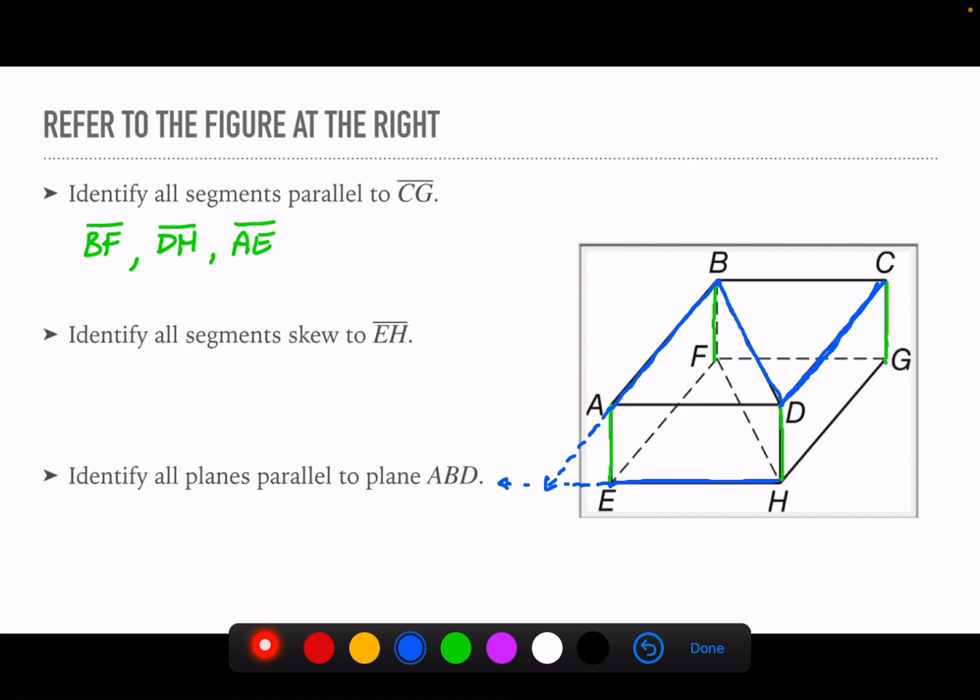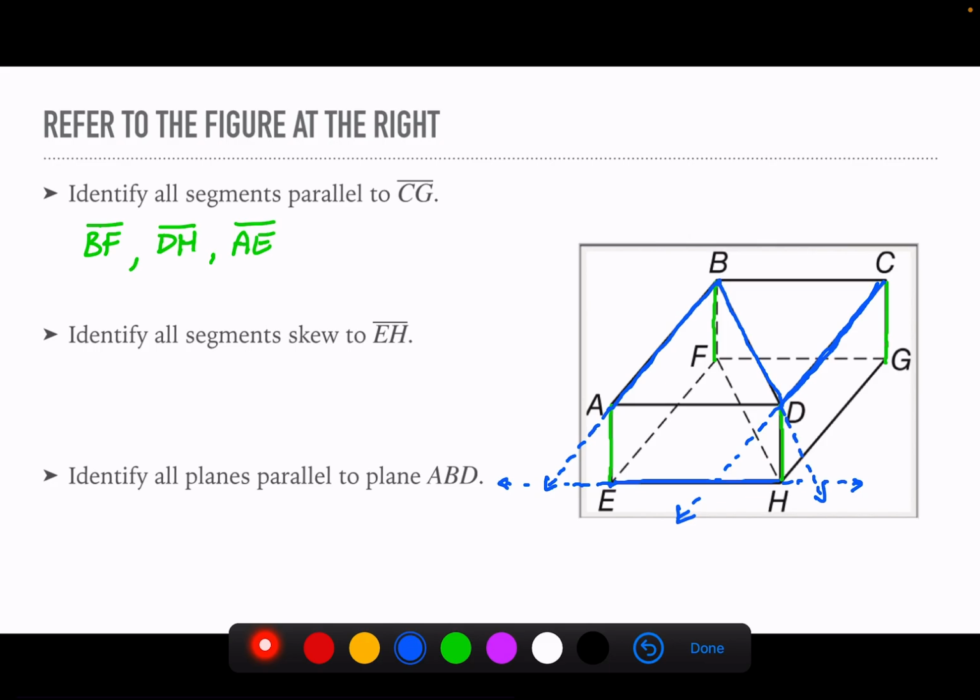All those are going to be considered coplanar. But we can see that if we extend this way, we can extend this way. All of these are going to be above the line EH.